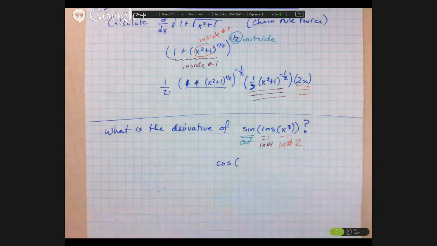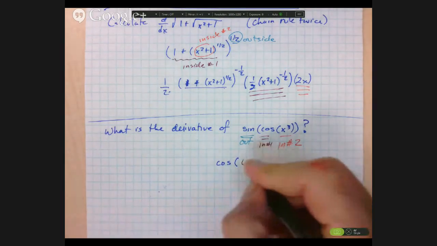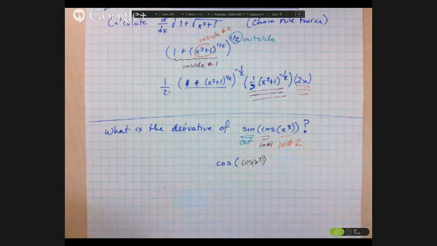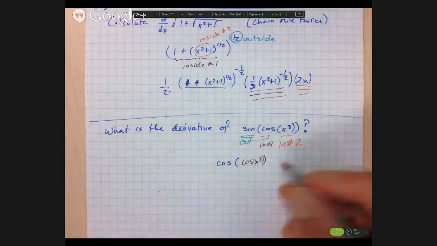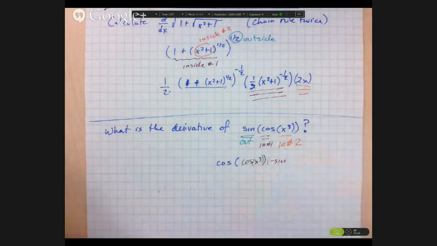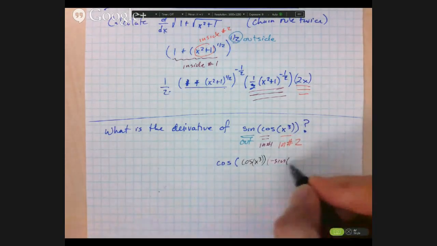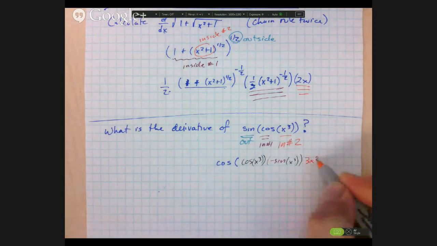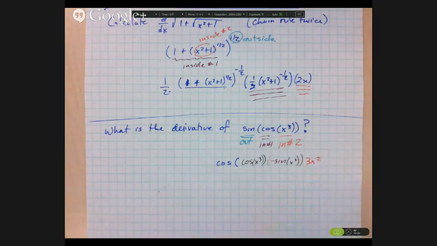And then copy the inside. Now derivative of the inside, what's the derivative of cosine? And then copy the inside. And then derivative of x cubed. You see how it just works outside in? Yeah? Okay.